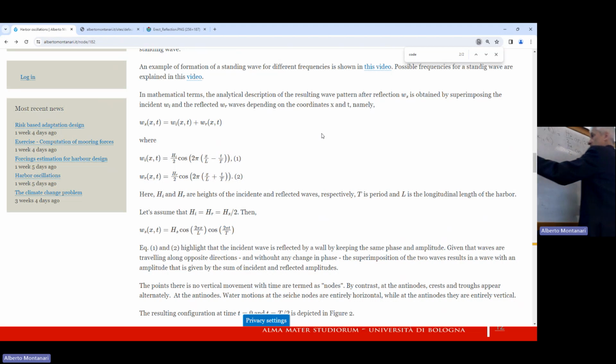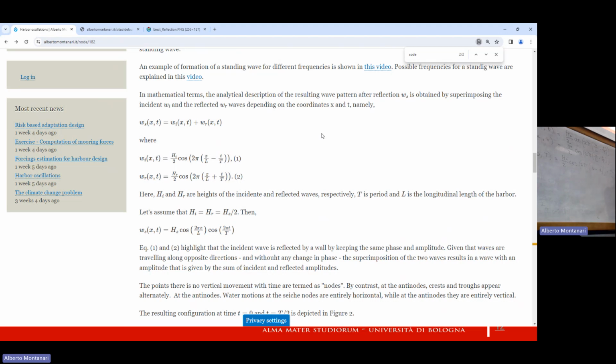And so we get W_I(0, T) equal to H_I divided by 2 cos of 2π times (0 minus 1). So this is equal to H_I divided by 2 cos of minus 2π, which is 1, correct?